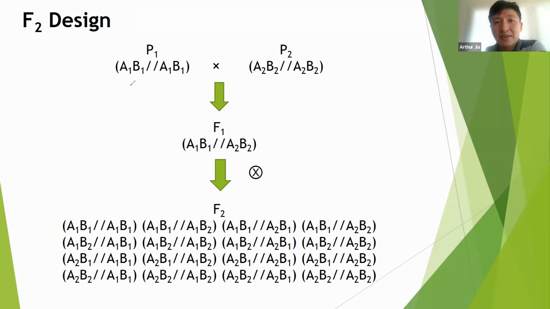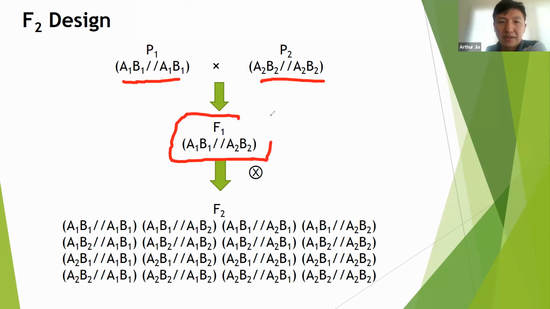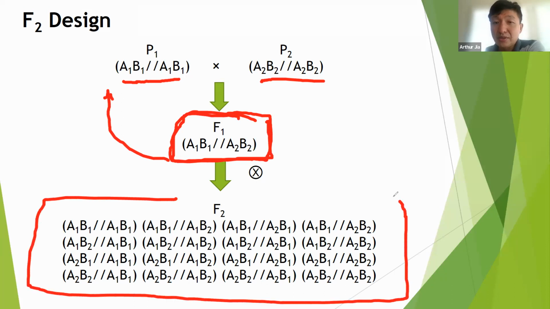So this is how we design this experiment. We also start from 2 inbred line parents, and we get the F1, the dihybrid. And instead of crossing back, we just do the cross among this F1 progeny, and we end up with this. So you're going to see we have more variability here, right?